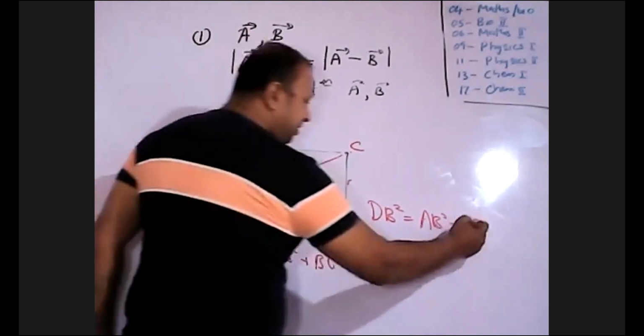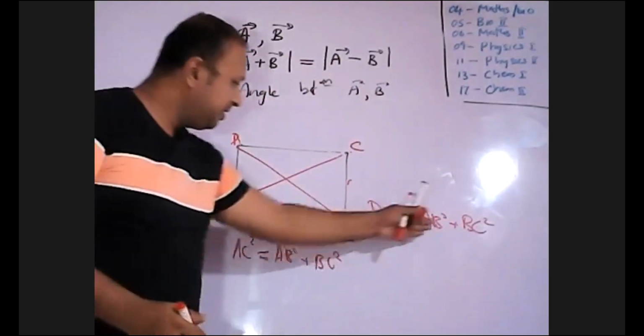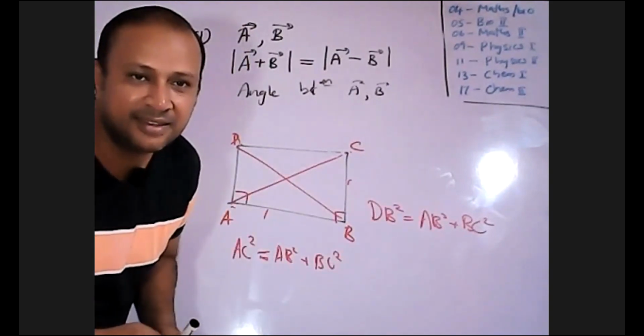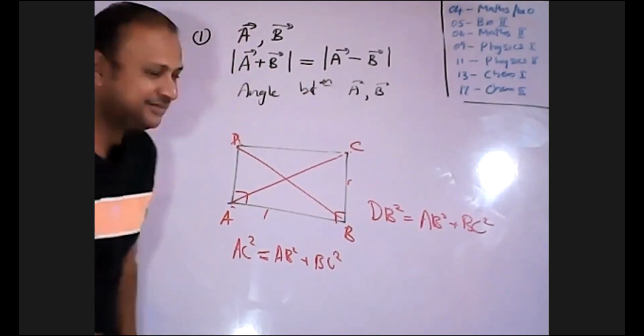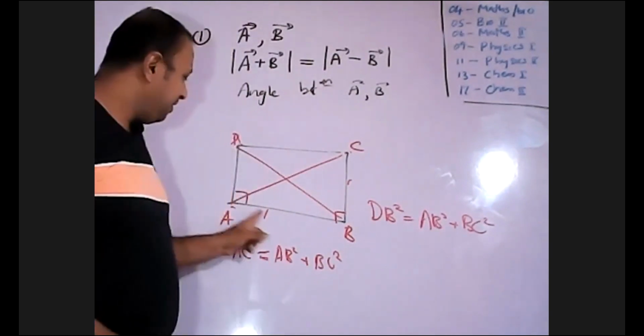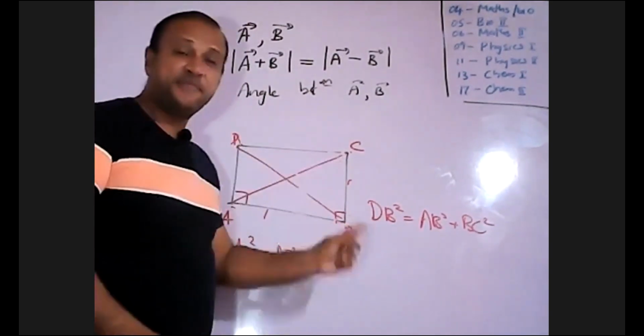Therefore, DB squared is equal to AC squared. Look at this. Therefore, if the angle is 90 degrees, that means the diagonals are equal in length.